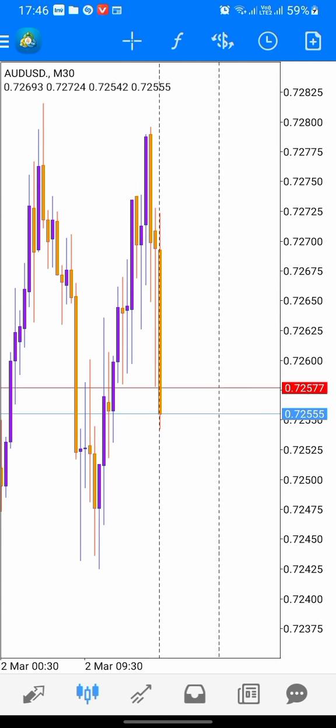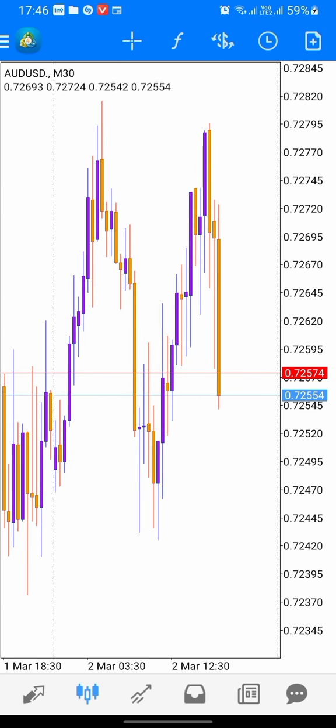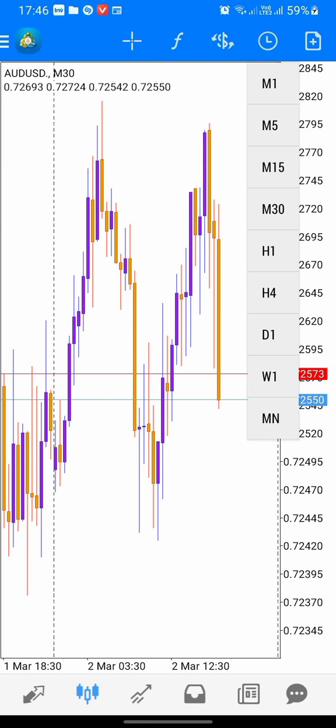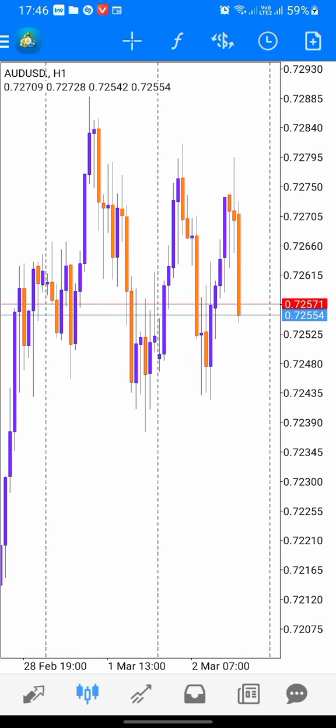Then our 30 minutes takes two 15 minute candlesticks to make one, as you can see there. Then we have our hourly. Our hourly takes two 30 minute candlesticks to make one, which is 60 minutes.